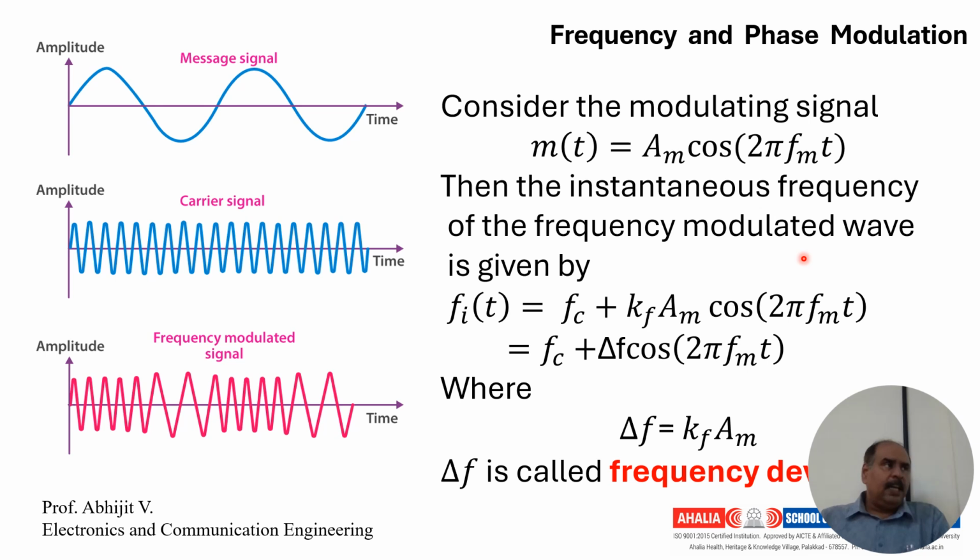Now let us consider the equation for frequency modulation. M of t is equal to Am cos 2 pi Fm t. In this case, the instantaneous frequency of the modulated wave, that is frequency at a particular time t, is given by Fc plus Kf Am cos 2 pi Fm t.